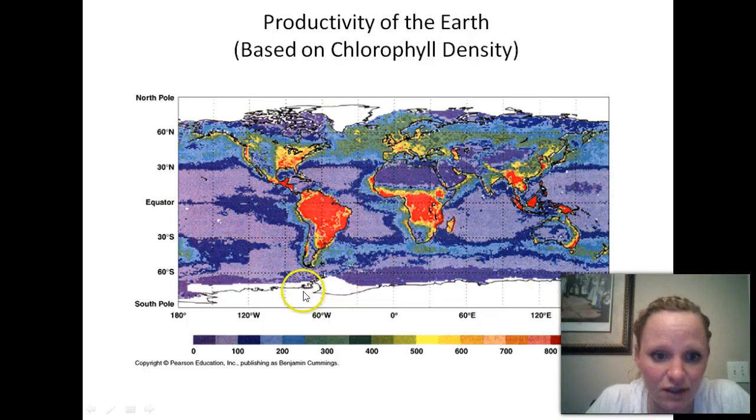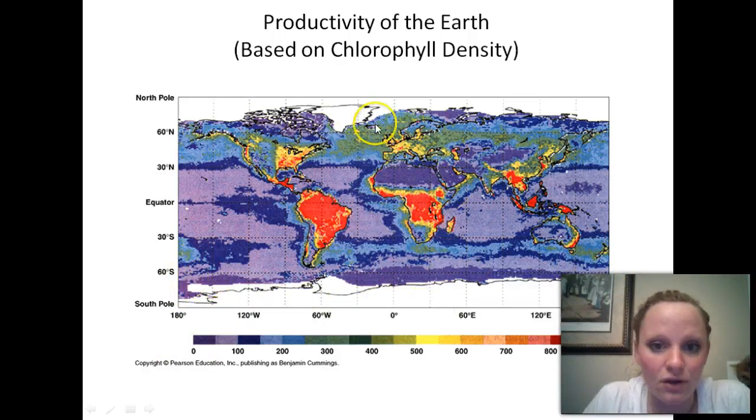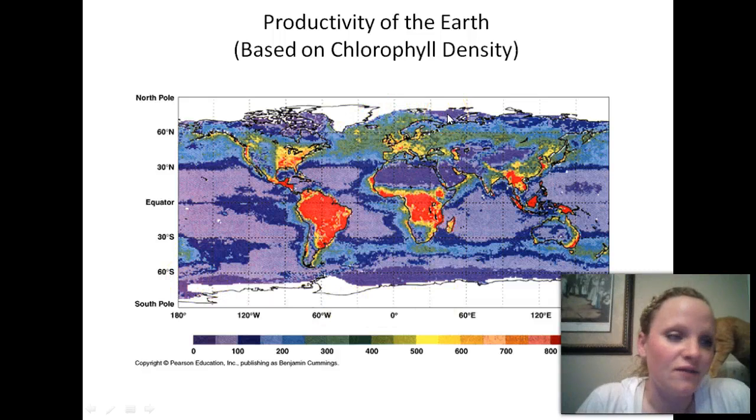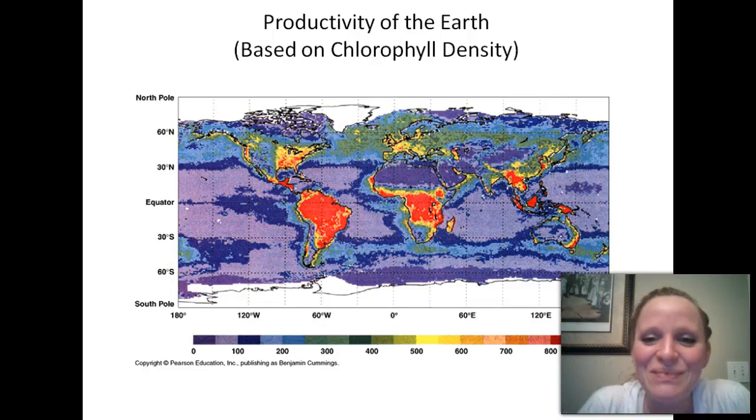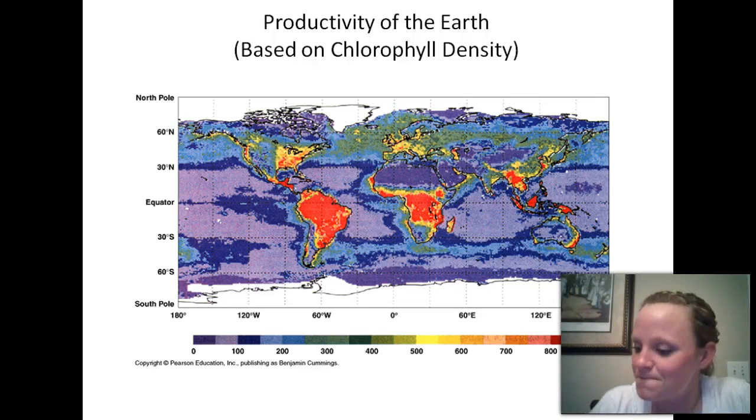The least productive areas, those that are white or purple, are at the Arctic Circle, way up top, or way down low, either one. So you can see that it definitely plays a part in what's going on the planet. Your ability to fund your ecosystem is limited the farther north or south that you go.